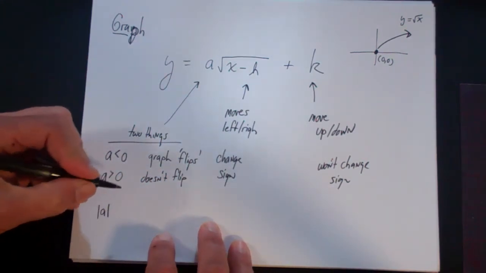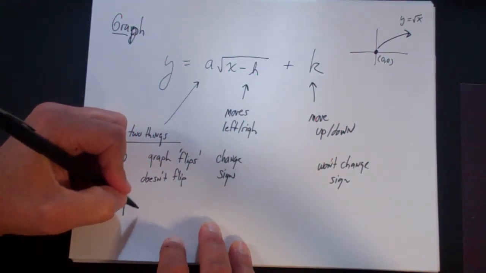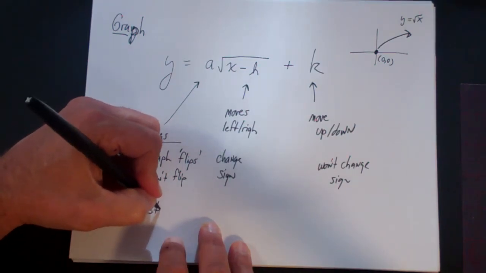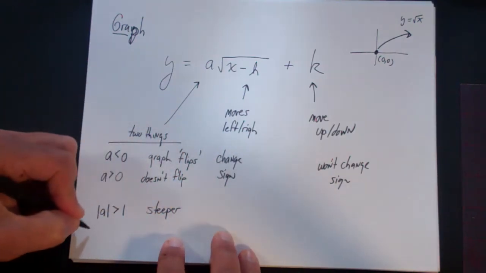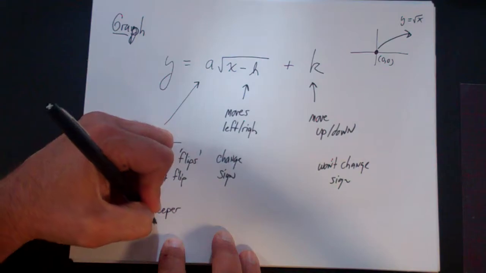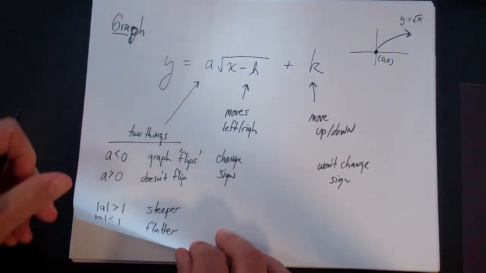And then the absolute value of a, if the absolute value of a is greater than 1, then it's going to be steeper. And if the absolute value of a is less than 1, it's going to be flatter. And we'll see what that means in just a second.